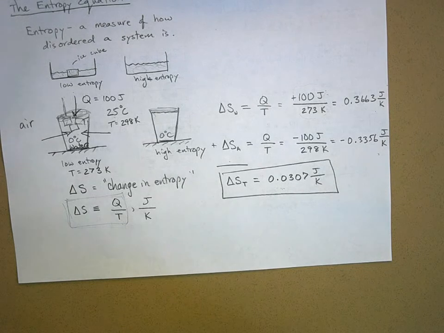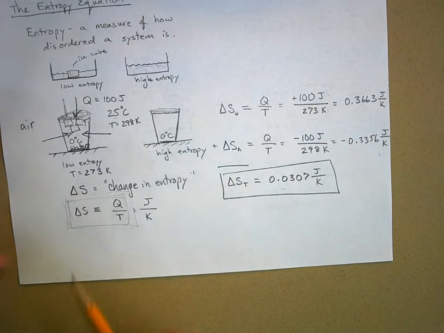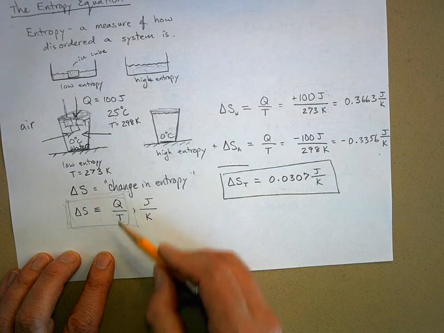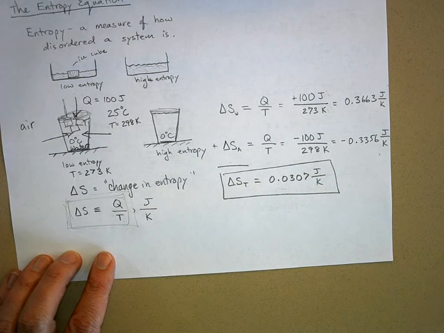So, now, what do you need to know for the final and for the state standards tests? You need to understand what this equation is. Entropy is a measure of the heat that's transferred across at some temperature. Q over T. But what does it mean?